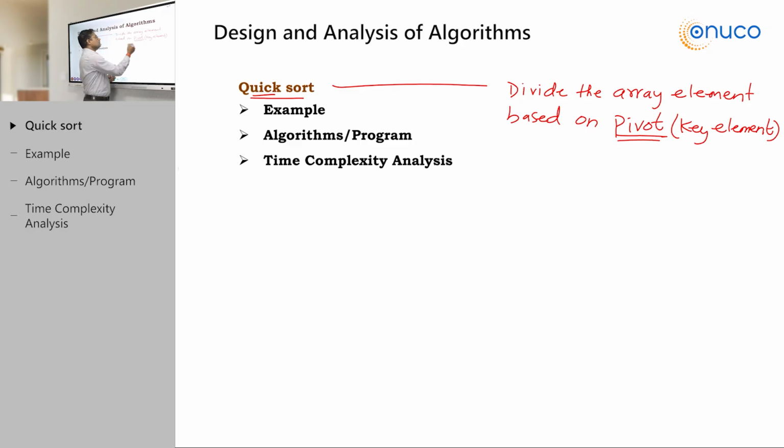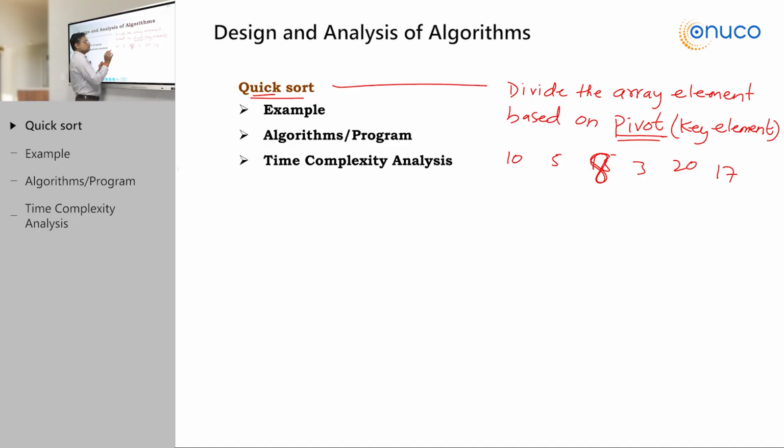Now what is a pivot element? Try to understand it. As an example, say you have values 10, 5, 15, 3, 20, 17, and so on, and here say 8.